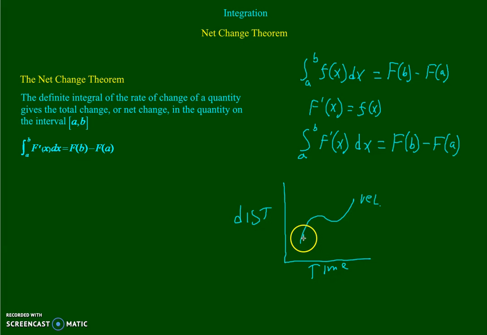And if we have some interval from a to b and we integrate this rate of change across this interval, the net change theorem tells us that we're going to be accumulating distance across this interval. So the definite integral of a rate of change gives us a quantity across which we are integrating. This is going to be a very valuable technique we're going to use in the very near future.